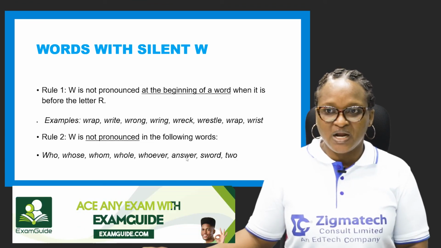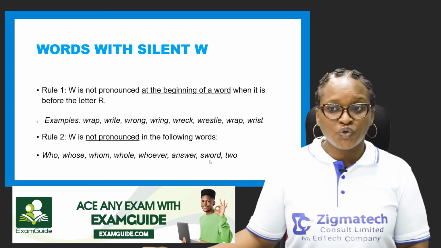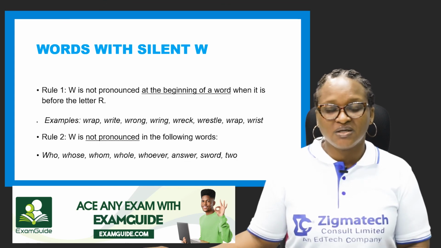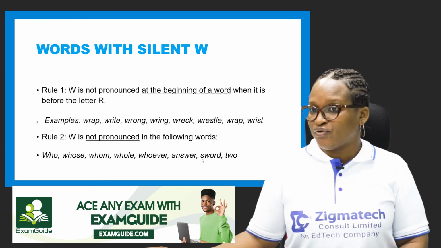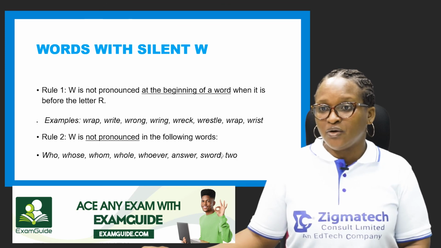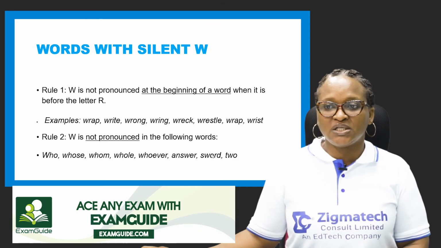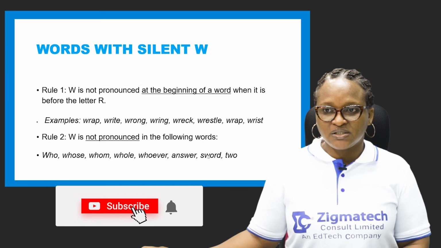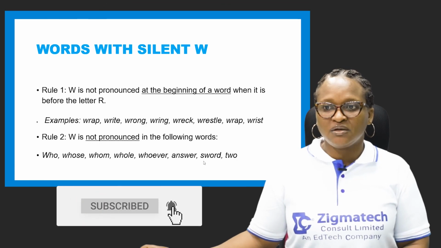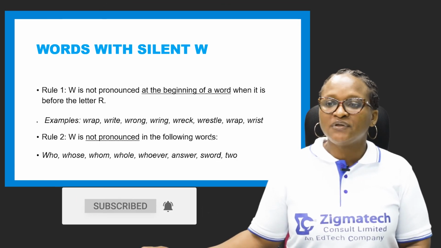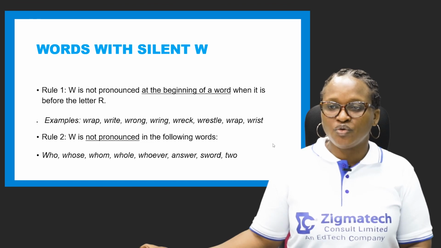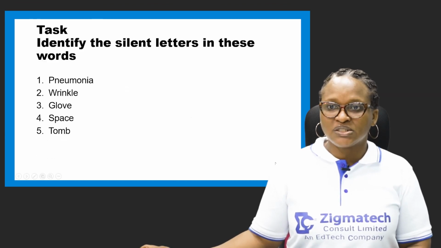The W is not pronounced in answer. Sword: some people pronounce the W, but today we know that W is not pronounced in the word S-W-O-R-D, sword. Then we have two. The W also is not pronounced.